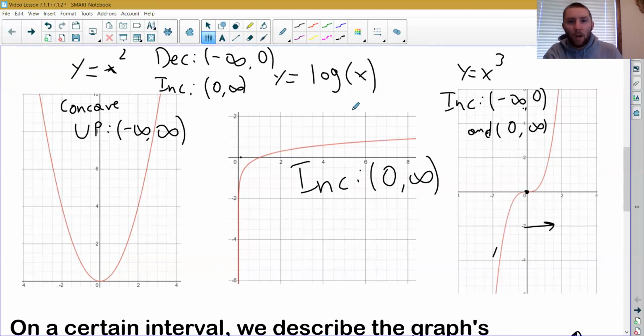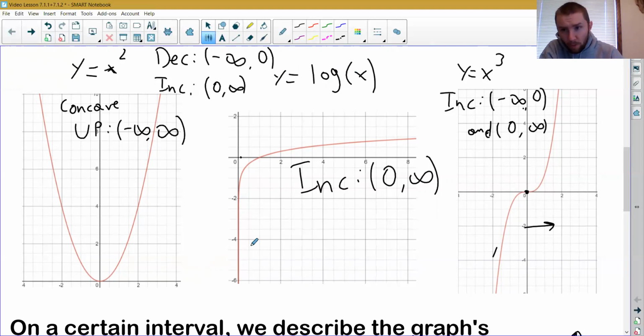Okay, now for y equals log of x, this function, as I just mentioned, right when it starts at x equals 0, it's increasing extremely fast, right, going almost straight up. And then as it goes out, it's increasing slower and slower and slower. So what would we say about a function that is increasing slower and slower?